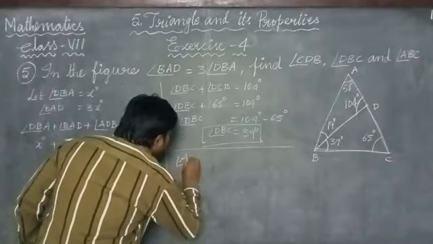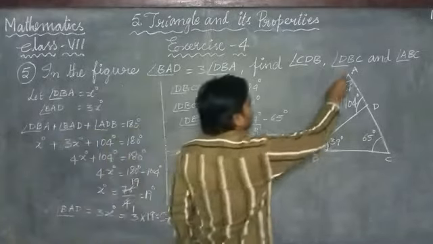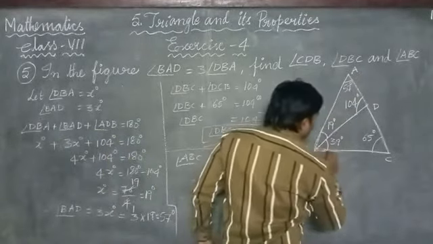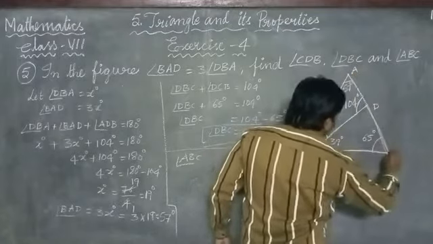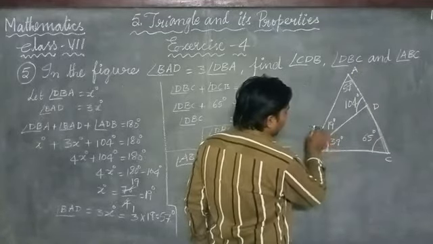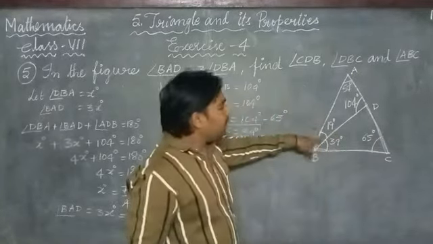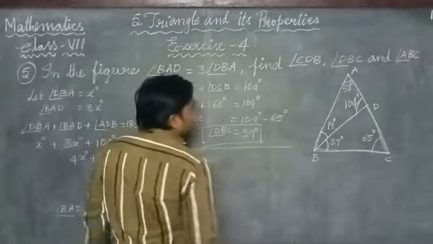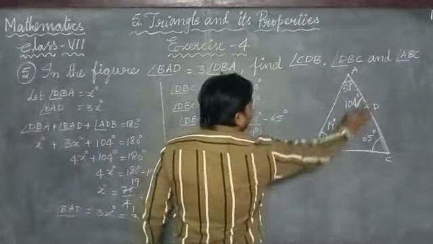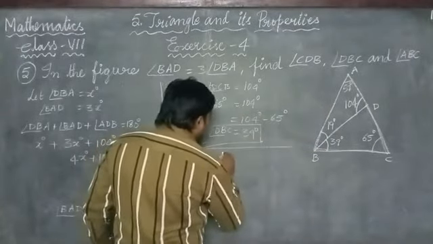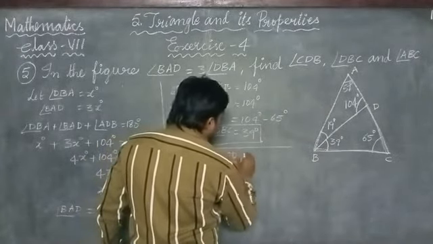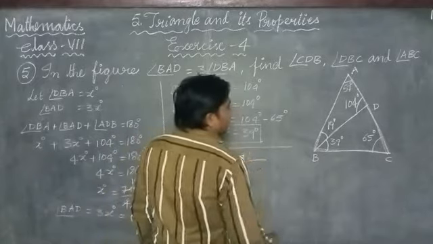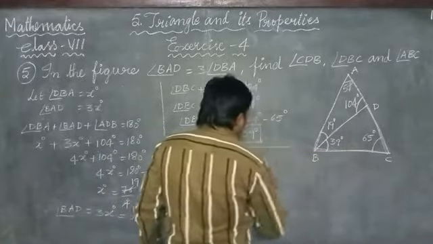Angle ABC. In the triangle ABC, we have to find the angle at B. For that we add angle ABD plus angle DBC.